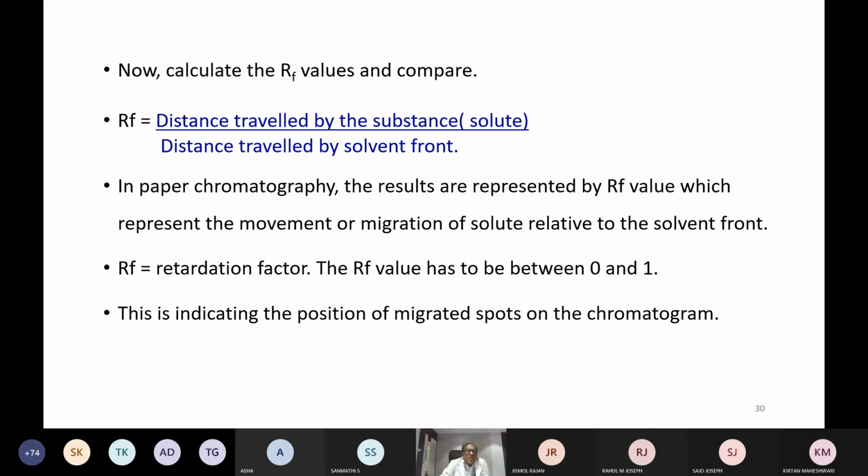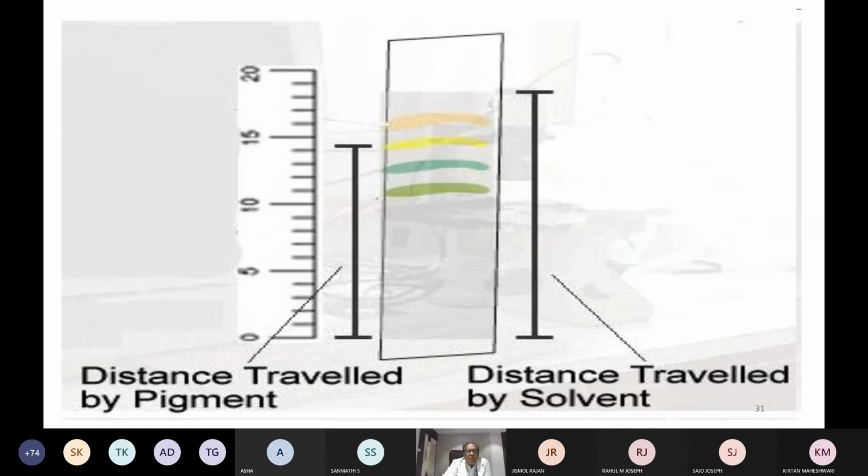The ratio is taken by taking two things into account: the distance traveled by the substance and the distance traveled by the solvent front, whatever is moving upside. These results are represented by the RF value, which will be between 0 to 1, and this indicates the position of the migrated spot on the chromatogram.